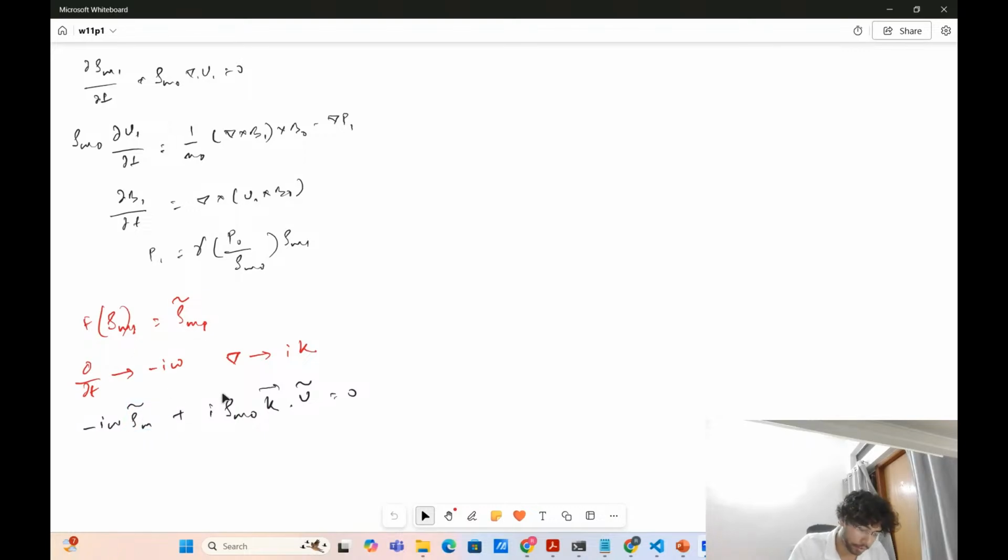So basically this is equivalent, and I'm just not using the one subscript. So this is the first equation, and this is the second. Sorry, this is the momentum equation.